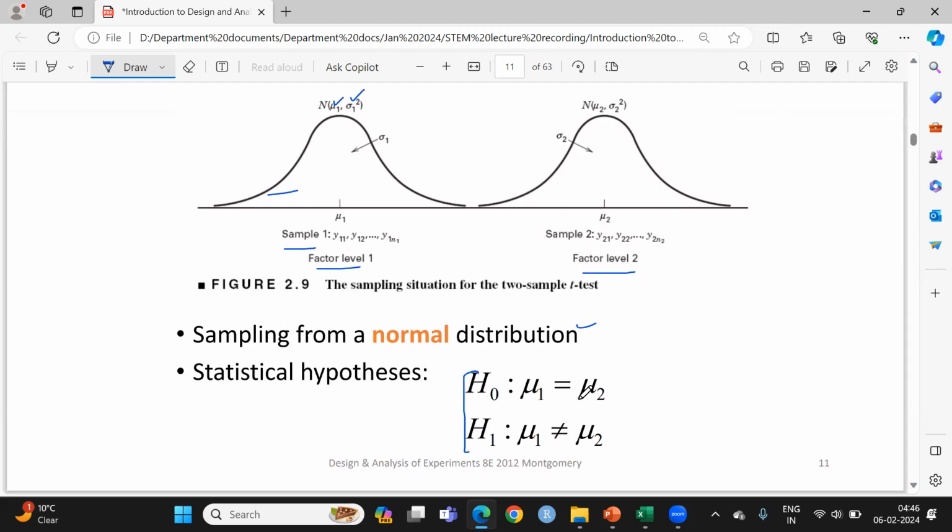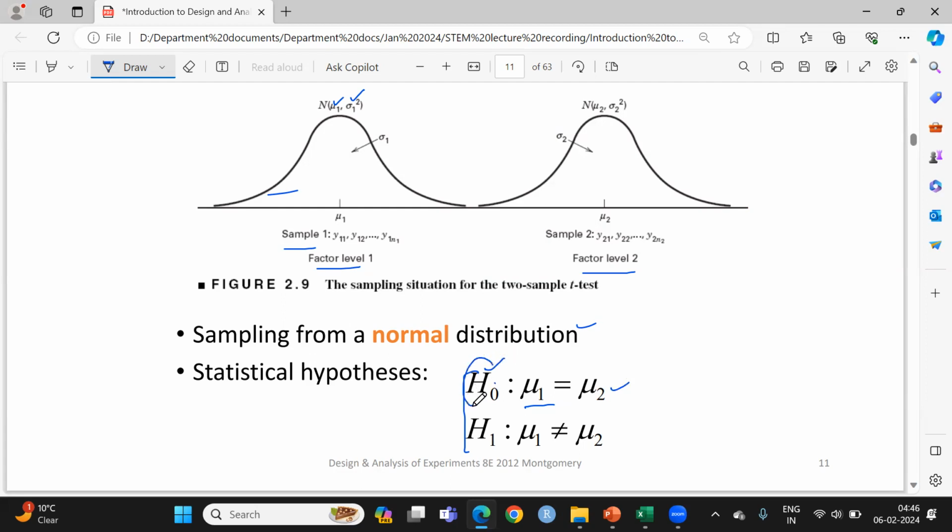The first is the null hypothesis, in which we always assume that the population parameter mu, the mean, is equal for both populations. That means under this null hypothesis the means of the two groups are equal.